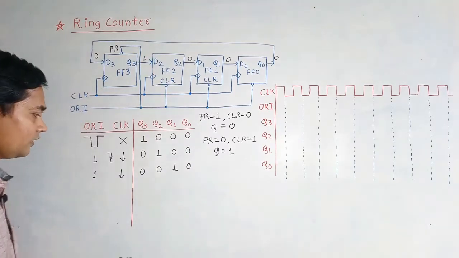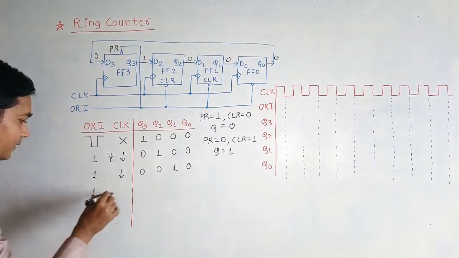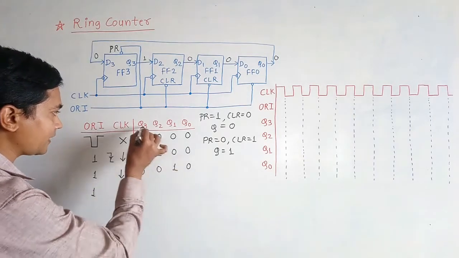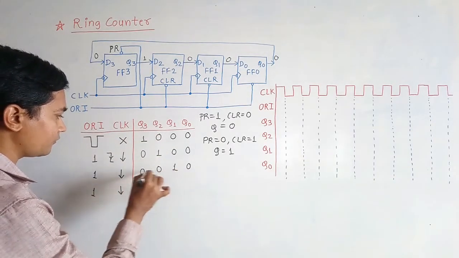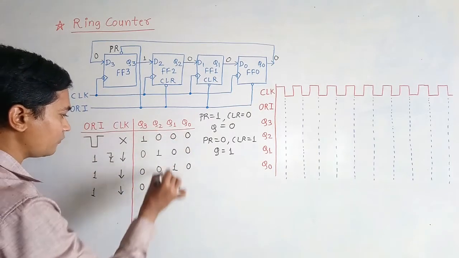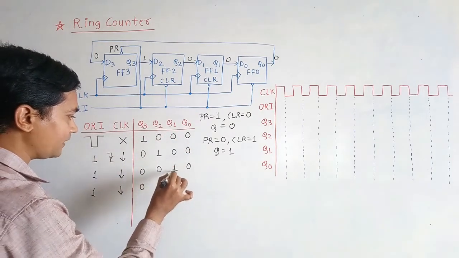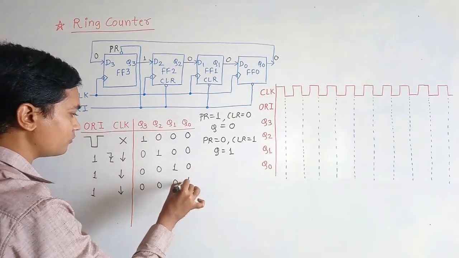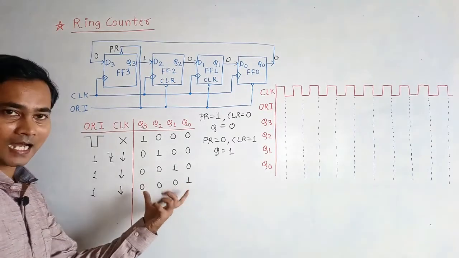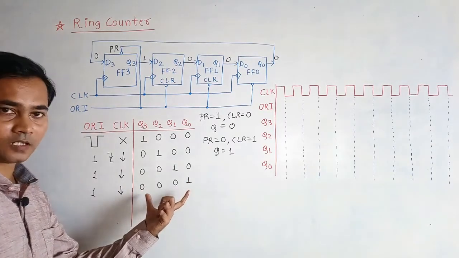Clear? Now when the next clock is applied, what will happen? Again this 0 will be shifted to Q3, this 0 to Q2, this 0 to Q1, and this 1 will be shifted to Q0. And this is the last combination of outputs.